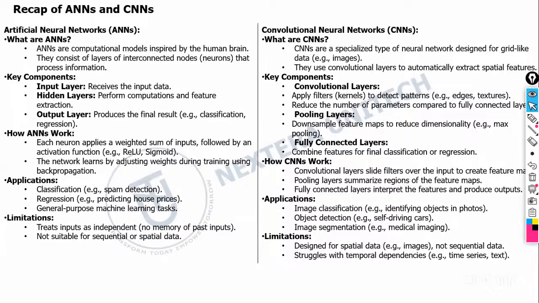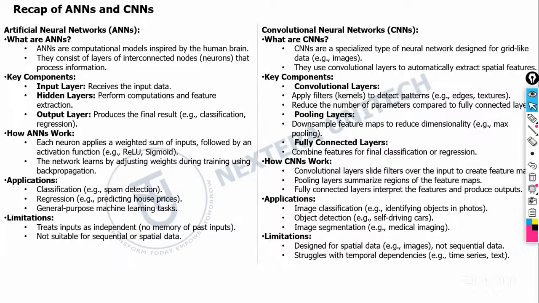The full form of ANN is artificial neural network and CNN is convolutional neural network. What is the purpose of using ANN, friends?